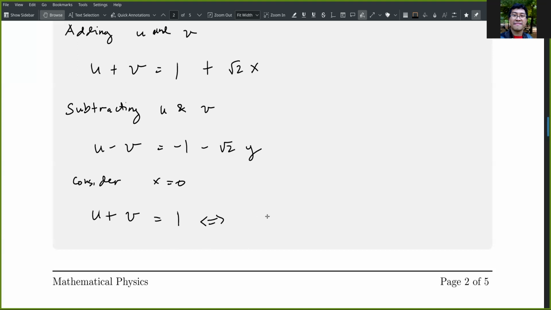We normally write as v equals minus u plus 1. So this is similar to y equals mx plus b. If y is the vertical axis, m is the slope, b is the y-intercept. So in this case, 1 is the v-intercept, -1 is the slope.